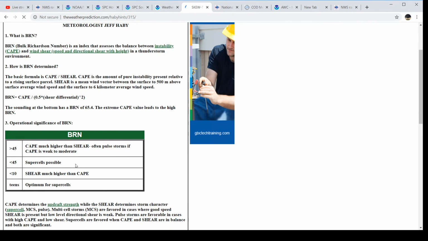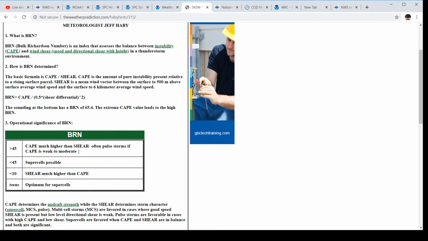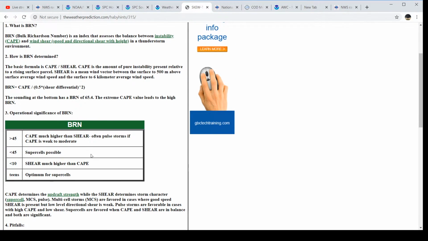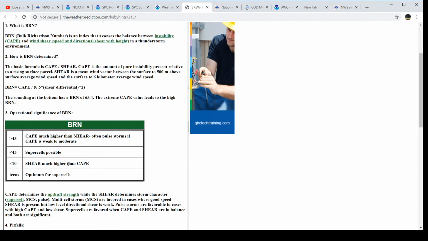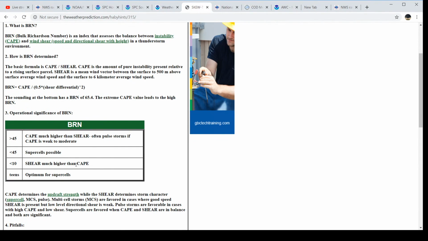Ah, here we go. 45: CAPE much higher than the shear, often pulse. CAPE is weaker to moderate. Aha. Shear much higher than CAPE.